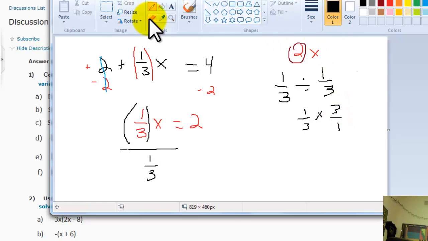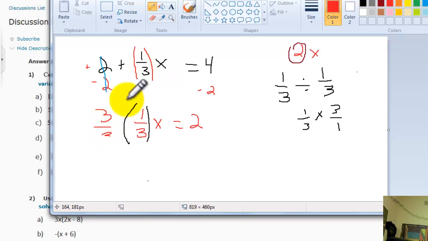Okay, so we're not going to go through this division. Instead, we're multiplying by the inverse, and that's the fastest and nicest way when you have a fraction as a coefficient on your letter.